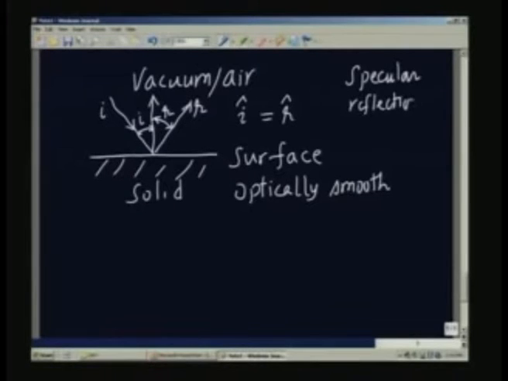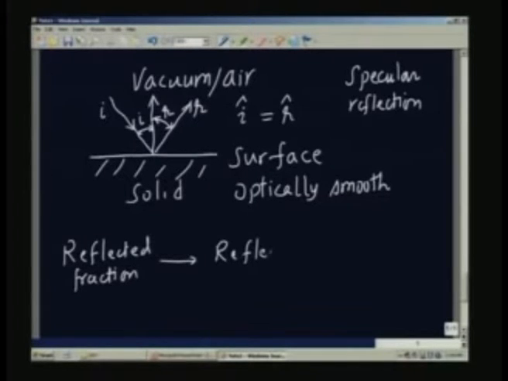So, how do we characterize this reflection? If some amount of power is incident on the surface, the fraction of the power which is reflected is the reflectivity. So, we can say the reflected fraction, we will call it reflectivity.